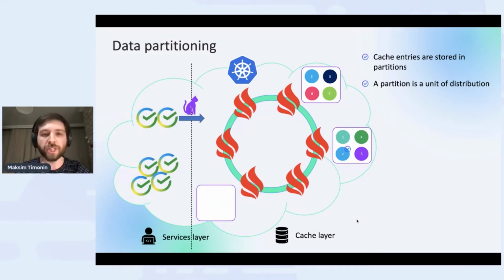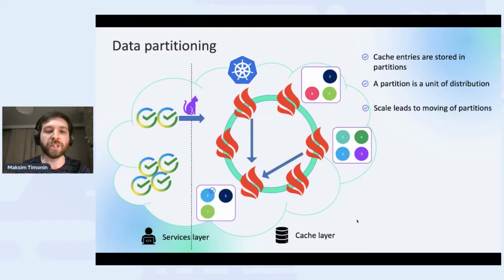When you decide to scale your cluster and add a new node, it triggers the process of moving partitions between nodes. It means that some partitions change their locations and start to fill the new node. This process is optimized in Apache Ignite, so only a few partitions change their locations, but it is still costly.